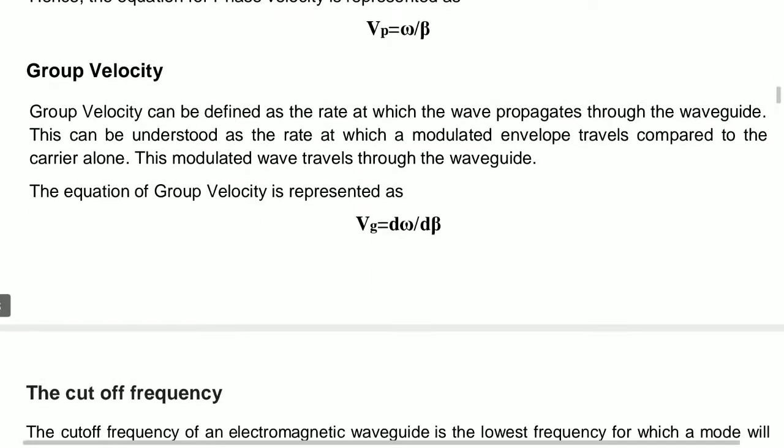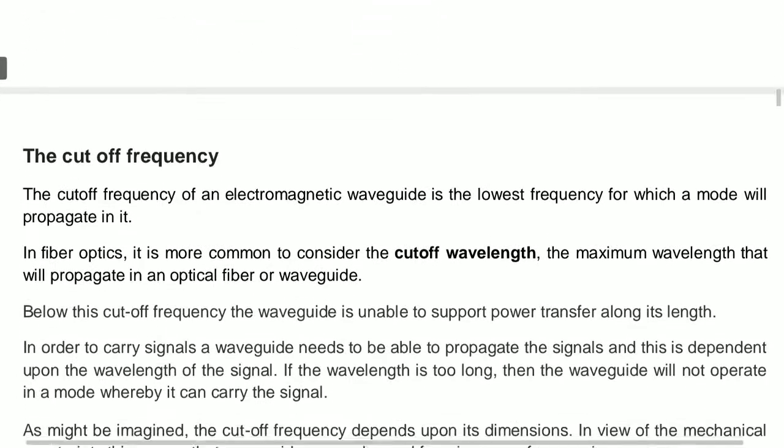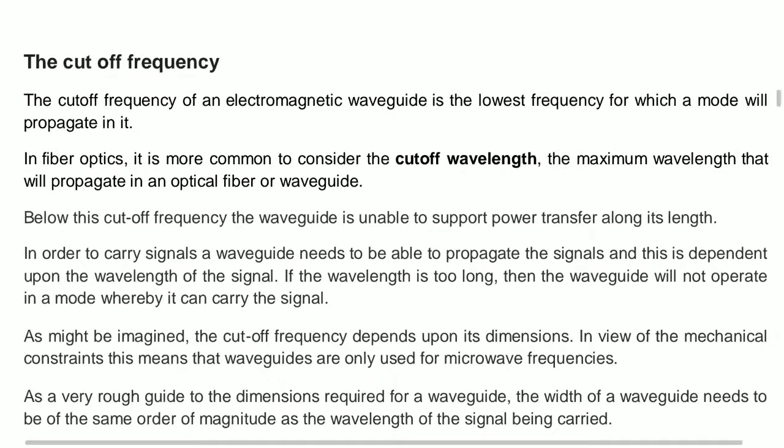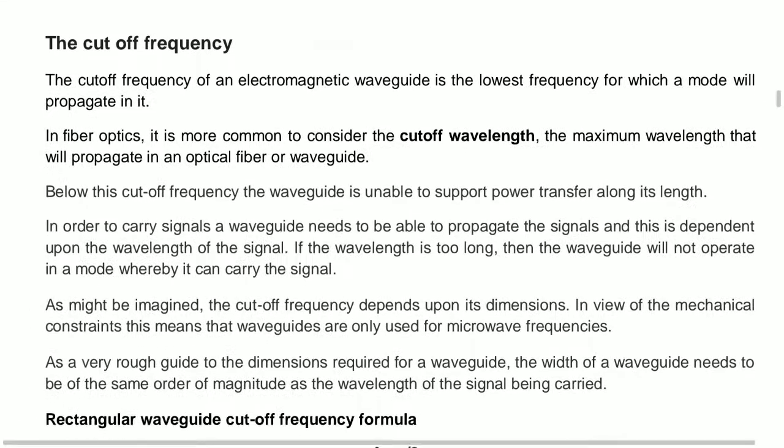We will move forward to the cutoff frequency. There is a little bit more descriptive point given. So what is this cutoff frequency? The cutoff frequency of an electromagnetic waveguide is the lowest frequency for which a mode will propagate in it.